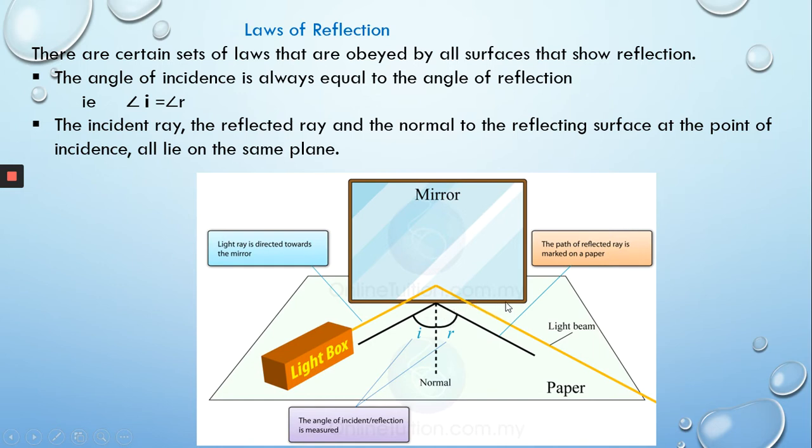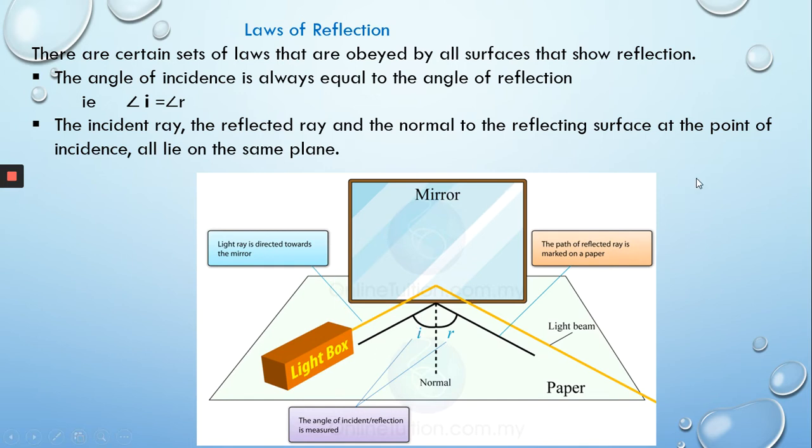If the angle between the reflector and the reflected ray is given as 60 degrees and it is asked to find out angle I and angle R, then we can easily find it by subtracting 60 from 90 degrees, which is equal to 30 degrees. Therefore, angle I equals angle R, which is equal to 30 degrees.